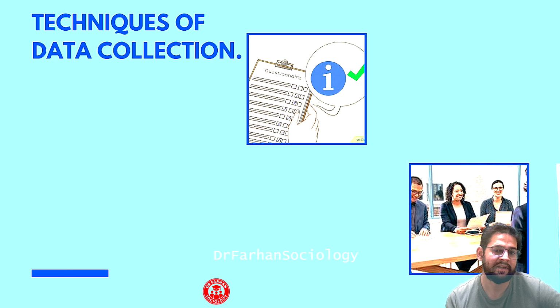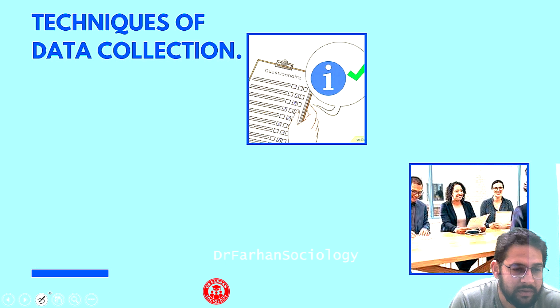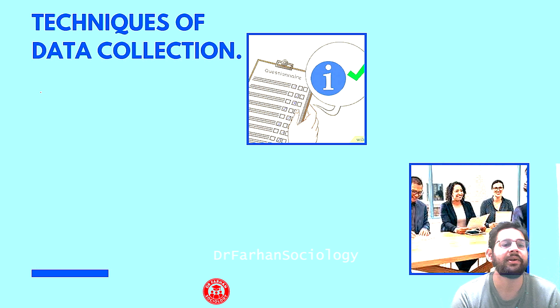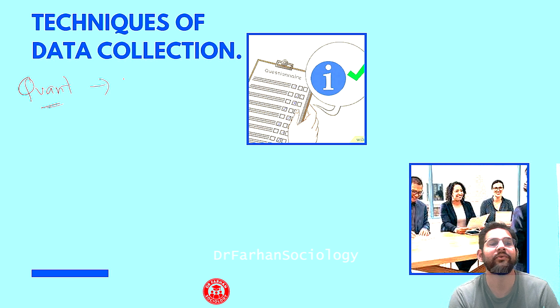Now the question comes: how is the data going to be collected? Which means I'm a sociologist and I want to collect data. How am I going to bring this data together? There are different methods that I'm going to use. For me to establish the data in the quantitative aspect, what am I going to do?